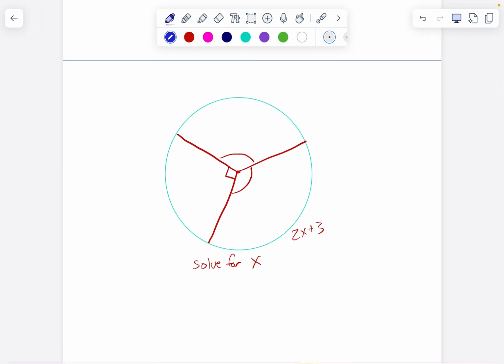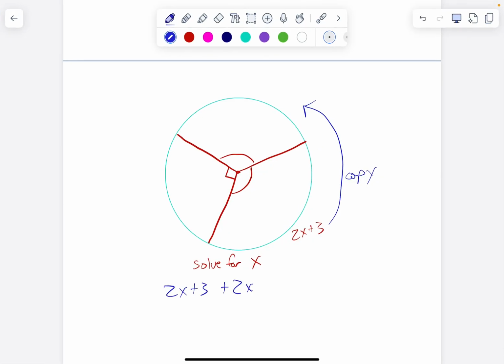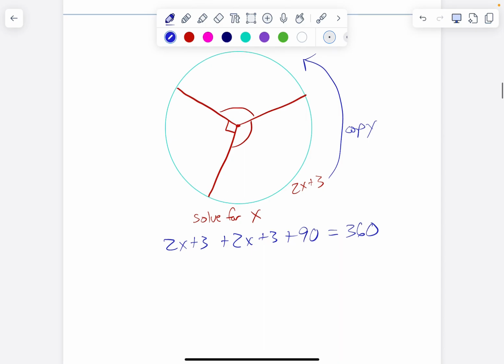Two x, or 4x plus 6 plus 90 equals 360. Good. So I'm gonna write it out, but you're right: 2x plus 3 plus 2x plus 3 plus 90 equals 360, not 180, since we're going all the way around.